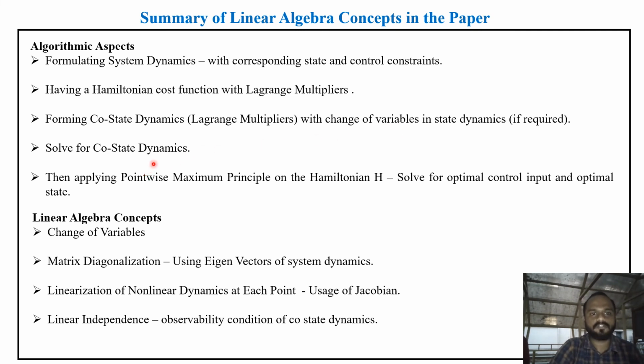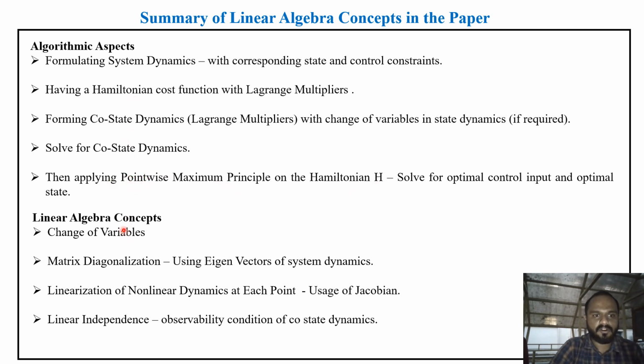You solve for those co-state dynamics, that is the Lagrangian multipliers, and using the pointwise maximum principle of the Hamiltonian, you solve for the optimal control input and the state. So this is analogous to convex optimization minimization. And that's it for the algorithm aspects.